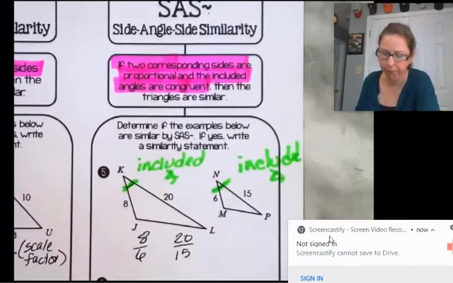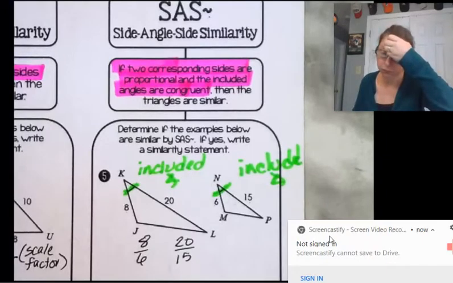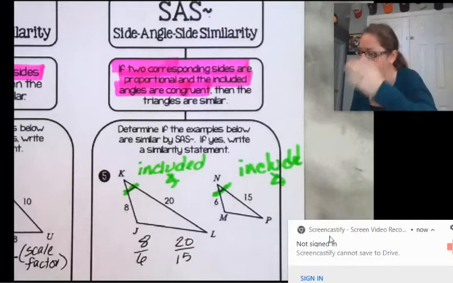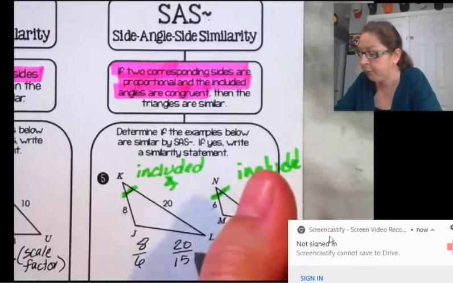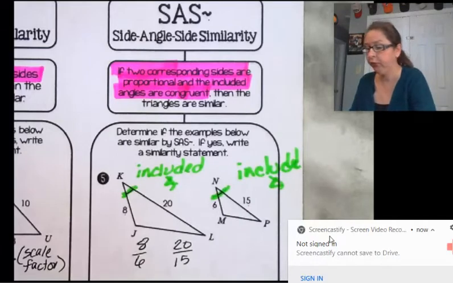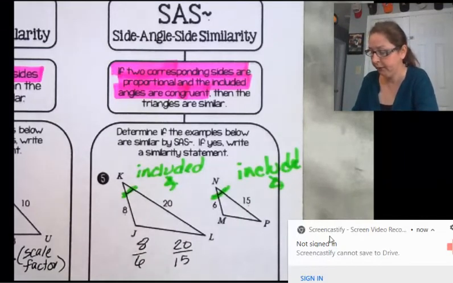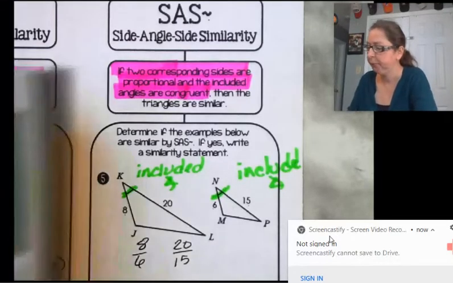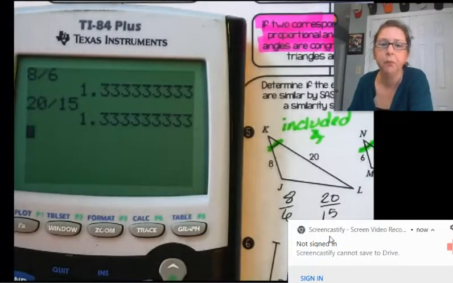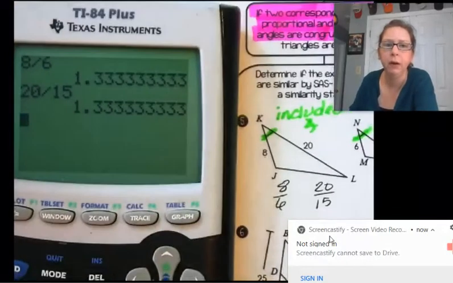And 8 over 6 and 20 to 15. Do these give me the same value? Okay. Well, the simplest way to do this is to just do it in your calculator. 8 divided by 6 is 1.3 repeating. 20 divided by 15 is also 1.3 repeating. So those are equal, okay?